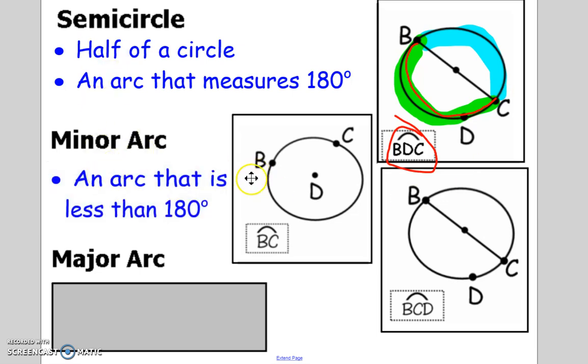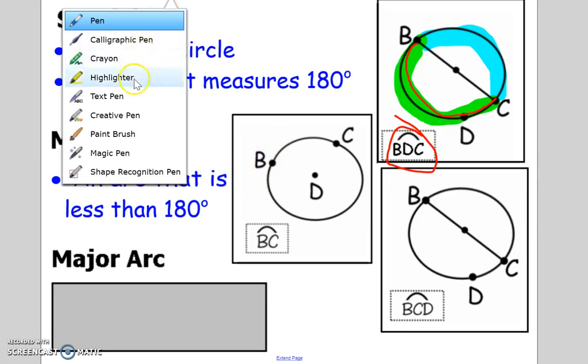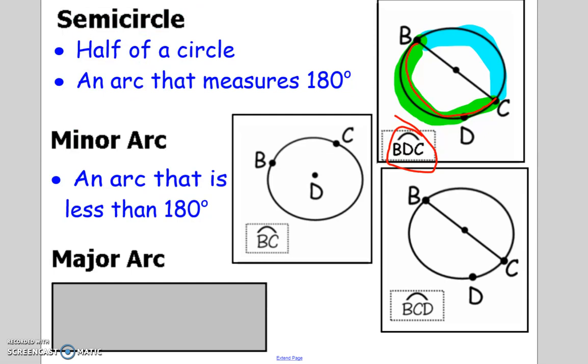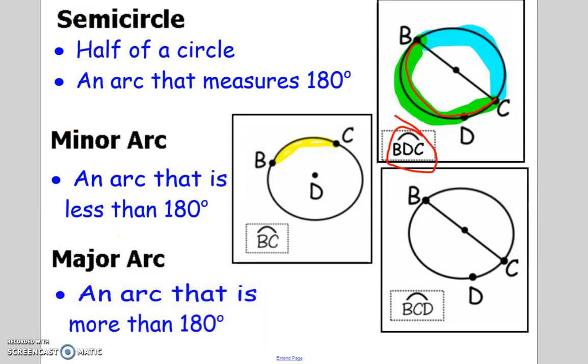A minor arc is an arc that's less than 180 degrees. So that would be this little part. An arc less than 180 is minor. An arc more than 180 is major. And notice this says BCD.